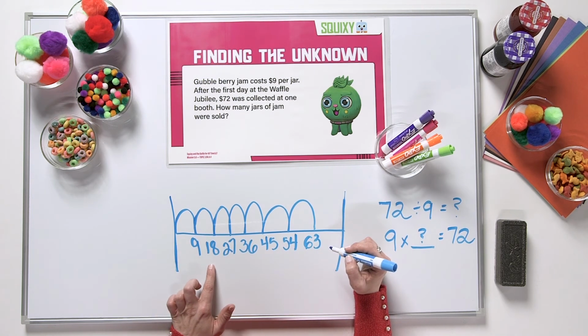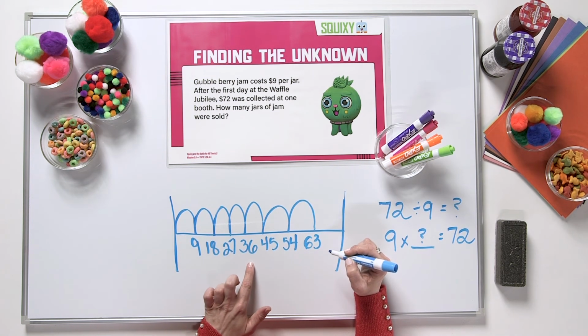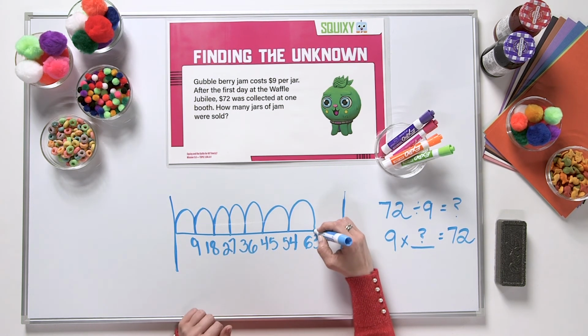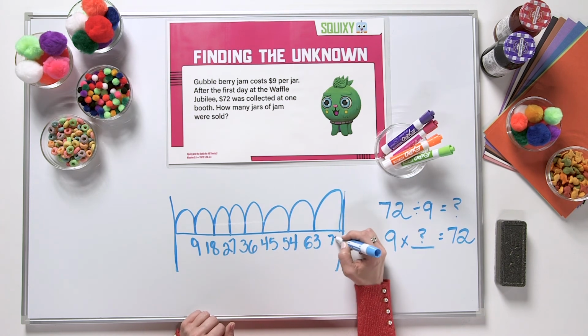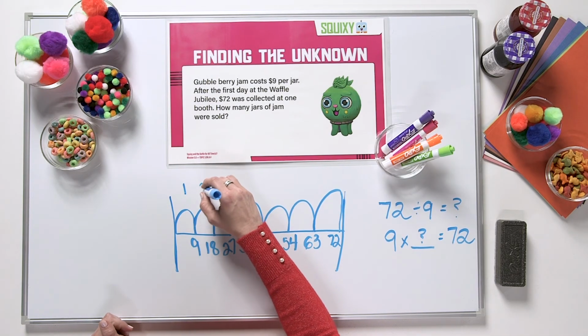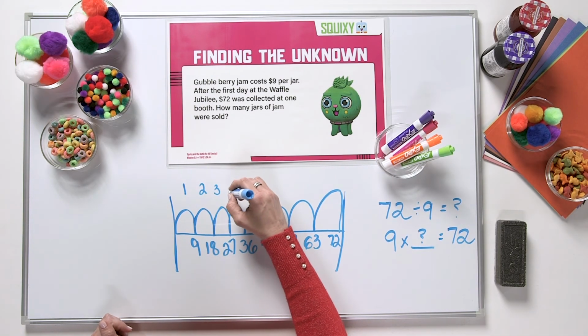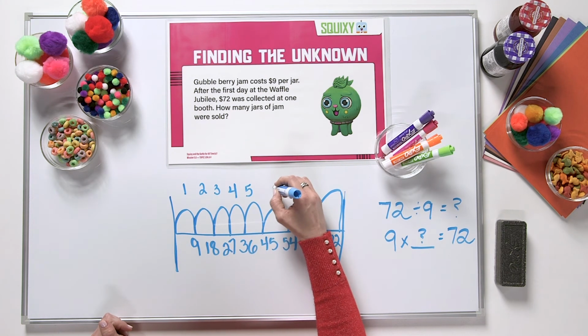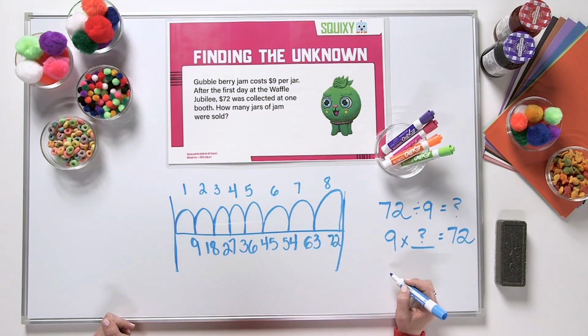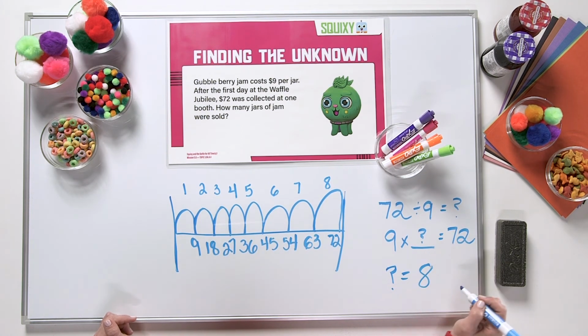Nine, 18, 27, 36, 45, 54, 63. The next number is 72. How many times did we skip count by 9? 1, 2, 3, 4, 5, 6, 7, 8. That tells us that there were 8 jars sold at the Jubilee.